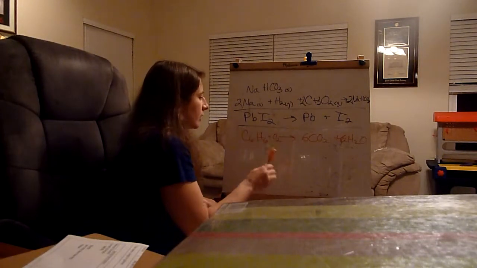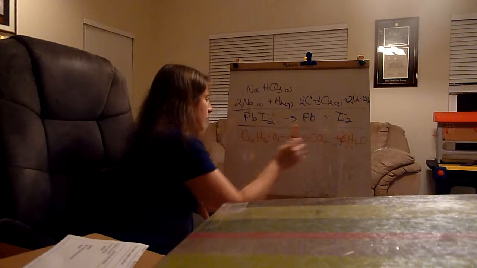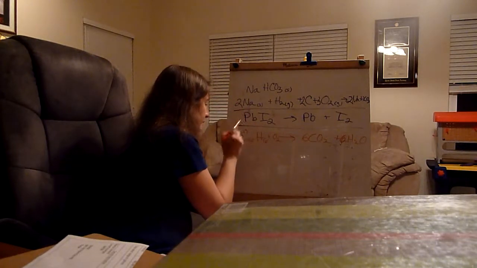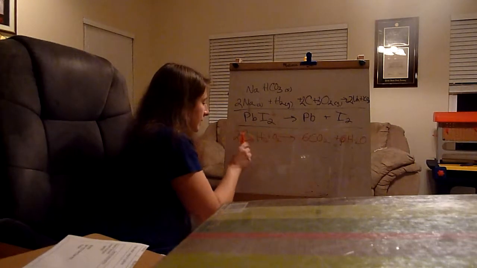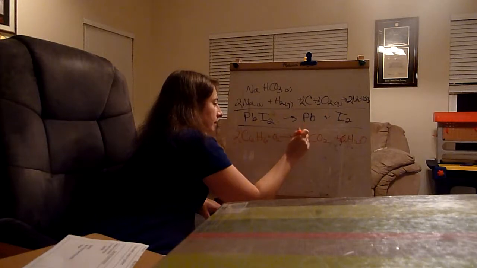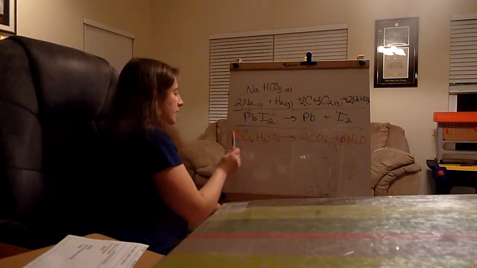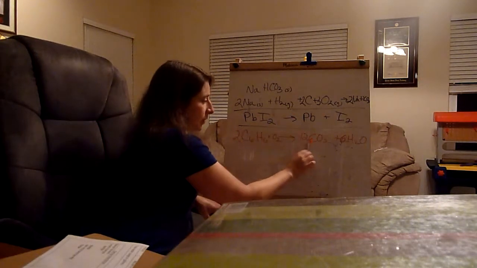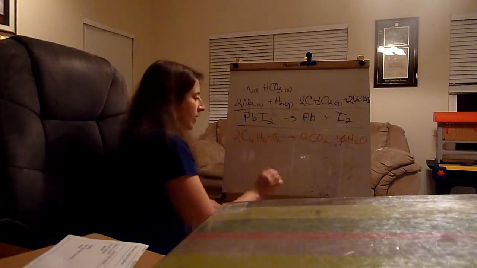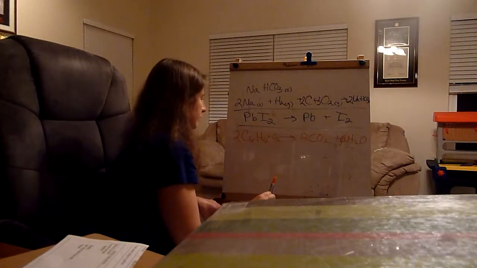Okay, so 6 hydrogen, 12 hydrogen. So perhaps if I do this, alright, let's see. So now I have 12 carbon, 12 carbon, 12 hydrogen, 12 hydrogen.